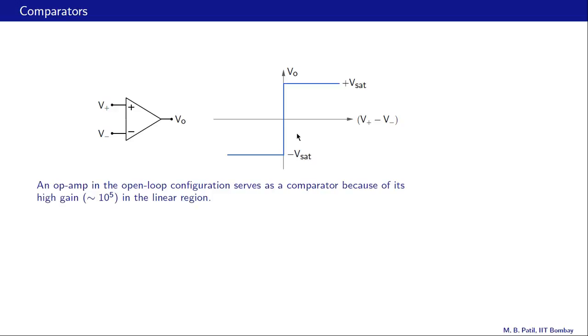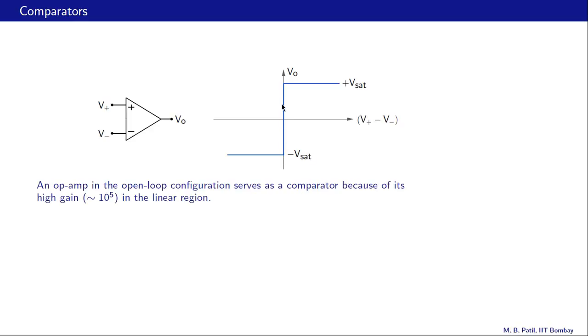Now this relationship looks familiar to us because we have seen that in the context of an op-amp. An op-amp in the open loop configuration can serve as a comparator because of its very high gain, something like 100,000 in the linear region.